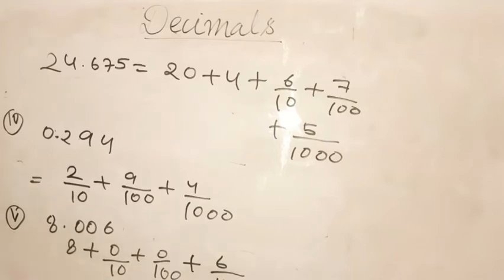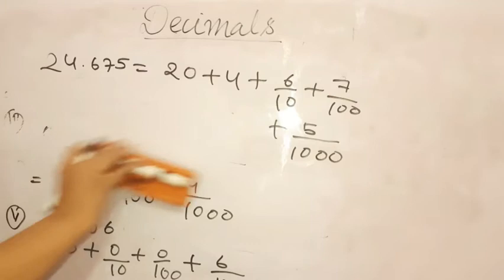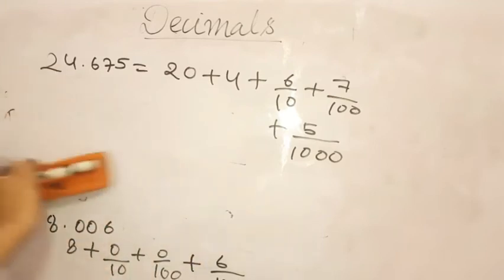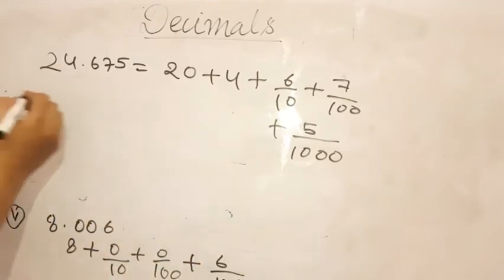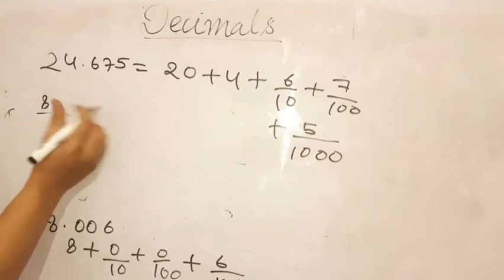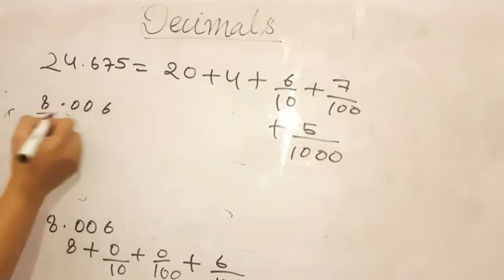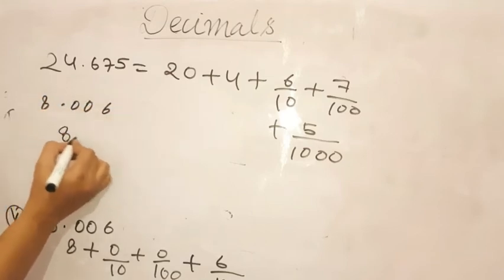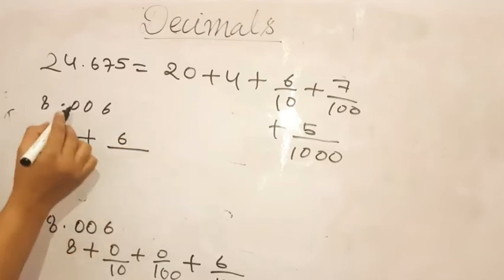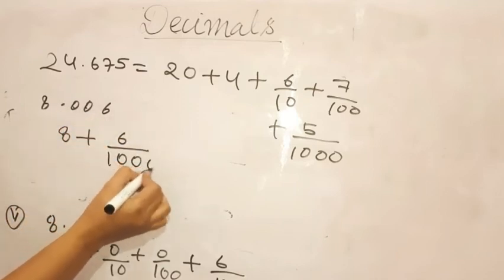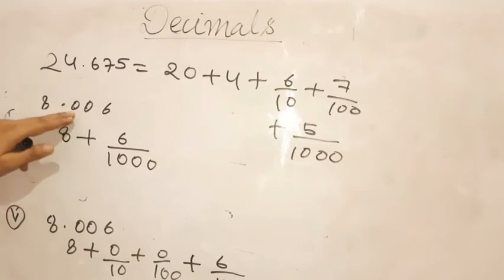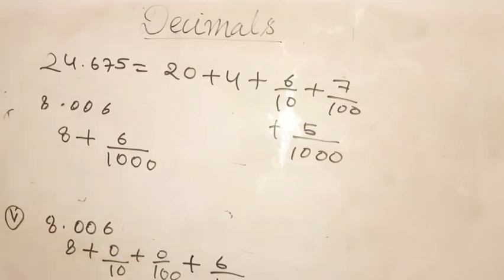If you have 0 in the middle of the decimal number, you can write like this also. The expanded form can be written like this: 8 plus 6 upon 1000. I am leaving these two zeros because 0 upon 10 and 0 upon 100 will also be 0. I hope you must have understood this option.